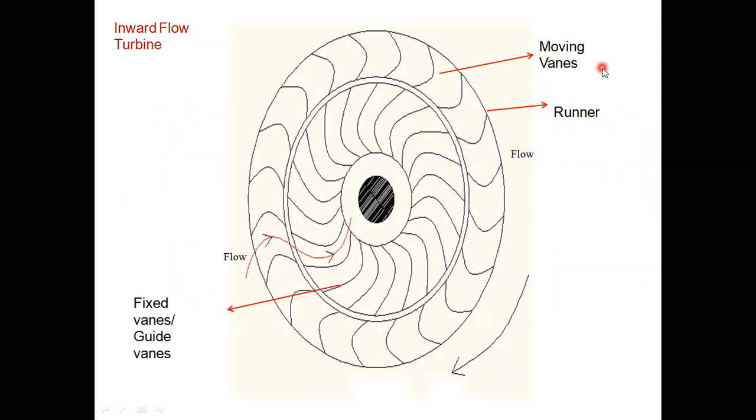So see here, the Francis turbine runner shown in this figure, that is also the inward flow turbine runner diagram. See here, this is the shaft. On the shaft, this runner is mounted or keyed.